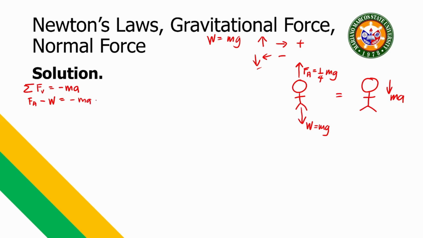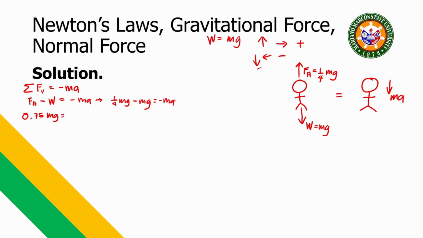Substituting, FA is 1/4 mg, and then minus mg for our weight. This will be equal to negative mass multiplied by acceleration. So 1/4 mg minus mg: 1/4 minus 1 will be negative 0.75 mg.